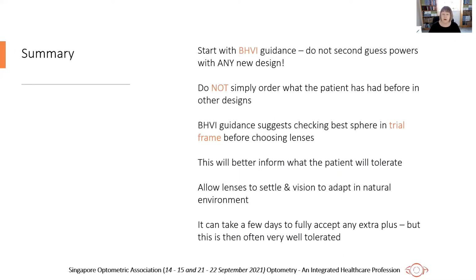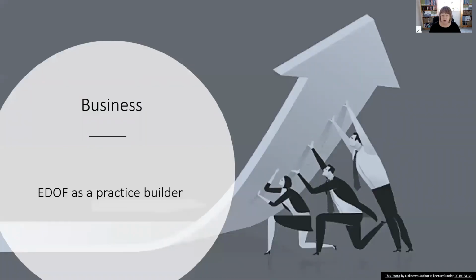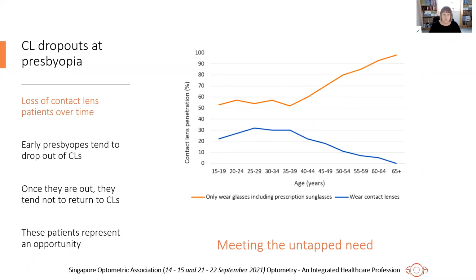Before I finish, I would now just like to talk a little bit about business opportunities that EDOF can afford your contact lens practice. In fact, using EDOF as a practice builder. One of the issues that everybody is faced with globally is that as patients reach the age of the late 30s, early 40s, they start to drop out of contact lens wear and move into spectacles.